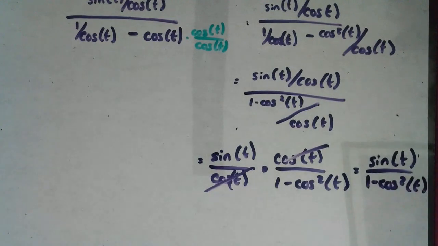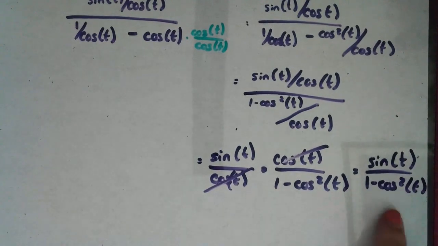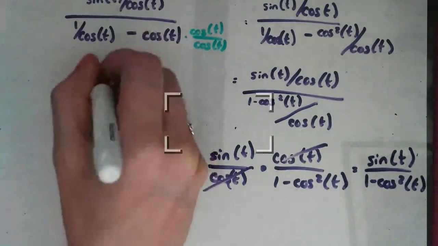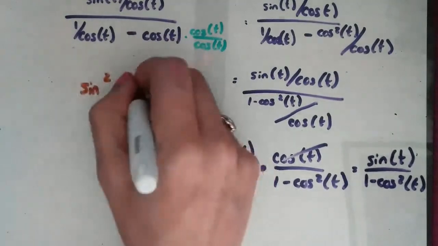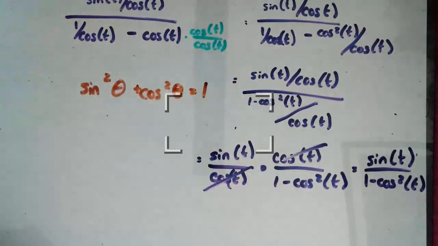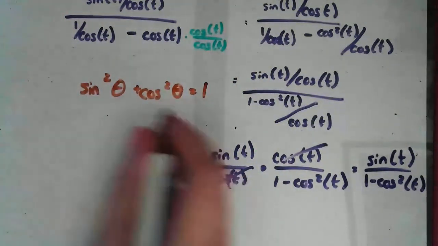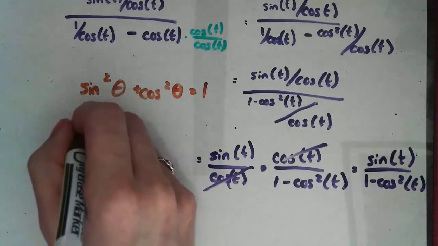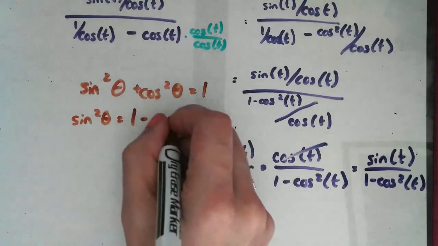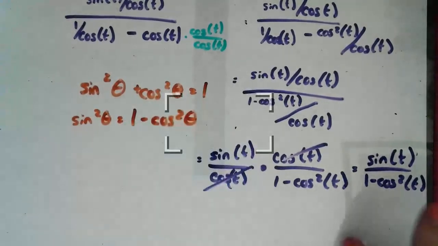Now remember, we're trying to get this down to a single trig function, but this thing in the denominator looks sort of familiar. I wonder if we know anything about it. Remember, we have this Pythagorean identity that says sine squared of theta plus cosine squared of theta is equal to 1. We know that's true. So I can subtract cosine squared from both sides, and I get that sine squared of theta is equal to 1 minus cosine squared of theta.